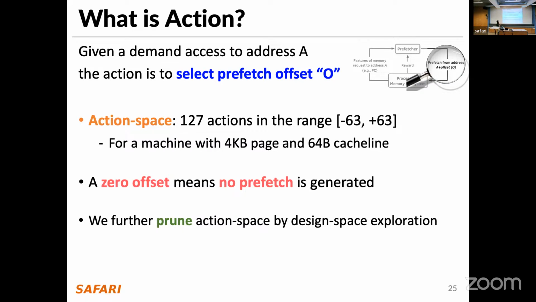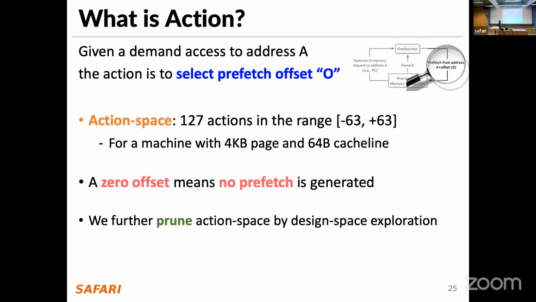But then we can also prune this action space, saying that not all the offsets are equally likely to appear. We can exploit that observation: instead of having these 127 actions, let's have a much smaller set of actions. In the end, we evaluated using only 16 actions, and we show that 16 actions work nearly as well as the entirety of the 127 actions.